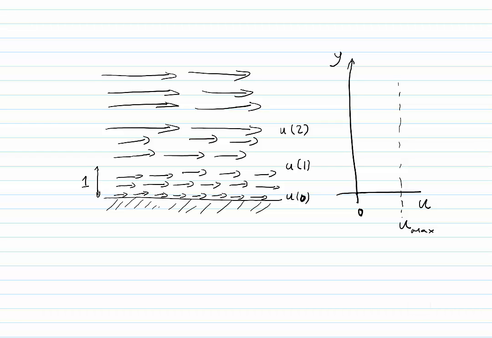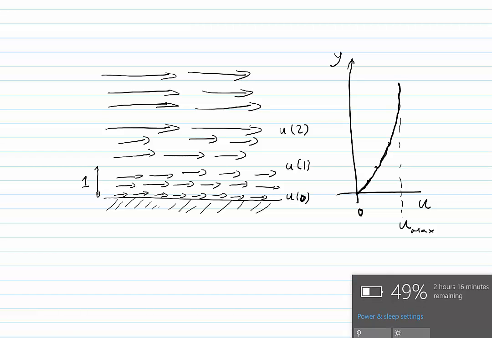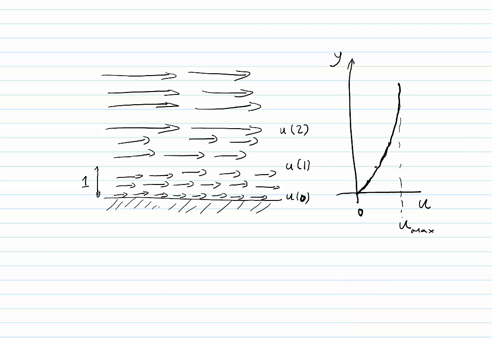Let's say at y equals 1, u has some value, at y equals 2, u has another value, and if you draw this, it becomes something like this, where as you increase your distance from the surface, the transverse distance, the velocity increases until it reaches the maximum velocity at large distances from the surface.